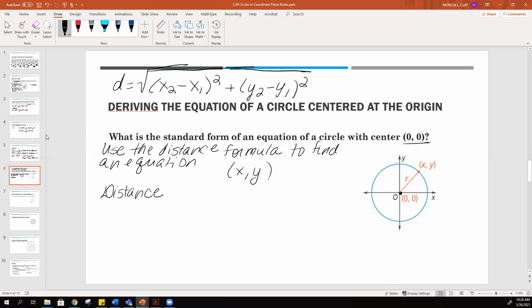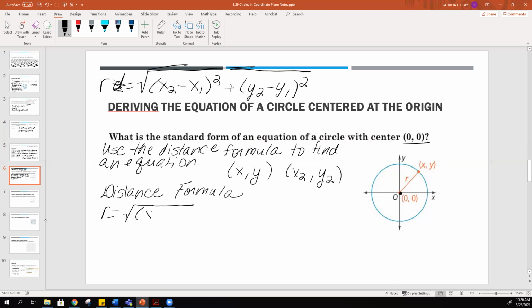All right, there we go. So now we're going to substitute r for the distance right here, okay? So we're going to use the same formula.